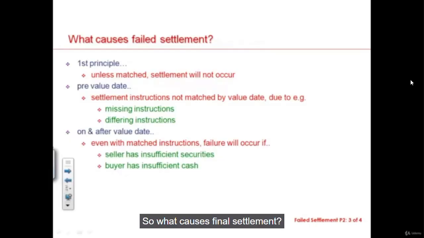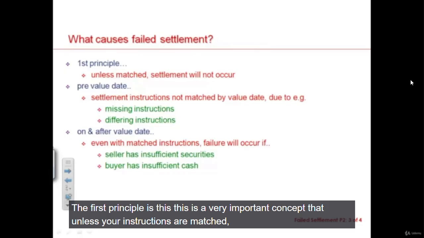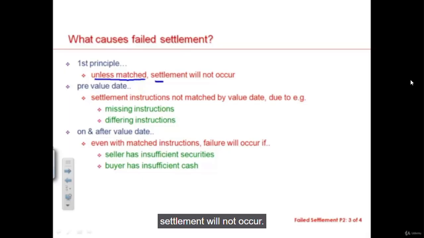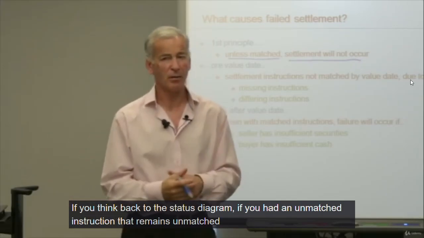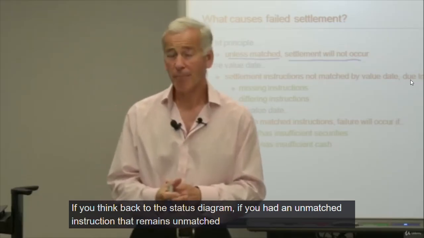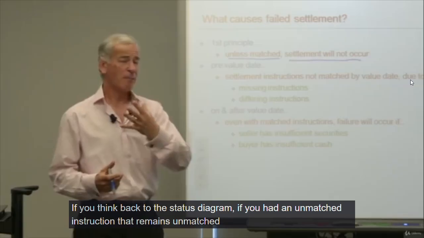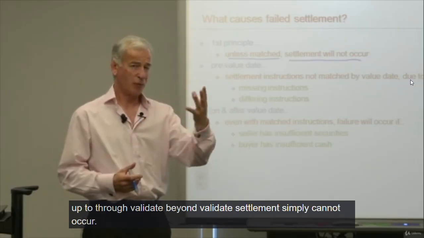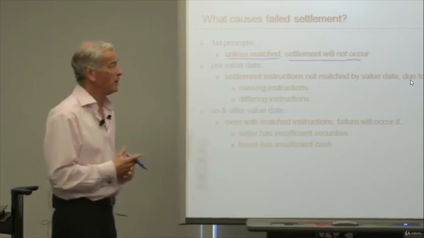So what causes failed settlement? The first principle is this. This is a very important concept, that unless your instructions are matched, settlement will not occur. If you think back to the statuses diagram, if you had an unmatched instruction and it remains unmatched up through value date, beyond value date, settlement simply cannot occur.